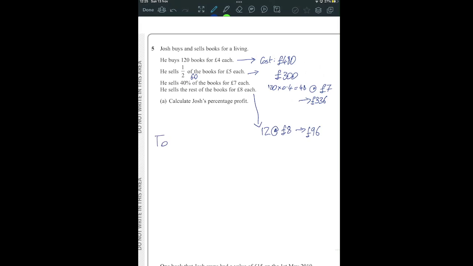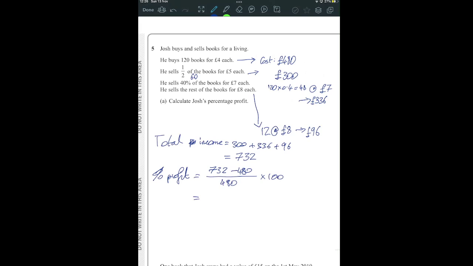So now we want the percentage profit. So let's work out the total income first, which is the 300 for the £5 books, the 336 for the £7, and the 96 for the £8 books. And that gives me that my total income was 732. So then our percentage profit is our profit, which is the difference between our income and the cost, divided by the initial, which is the cost, times by 100.